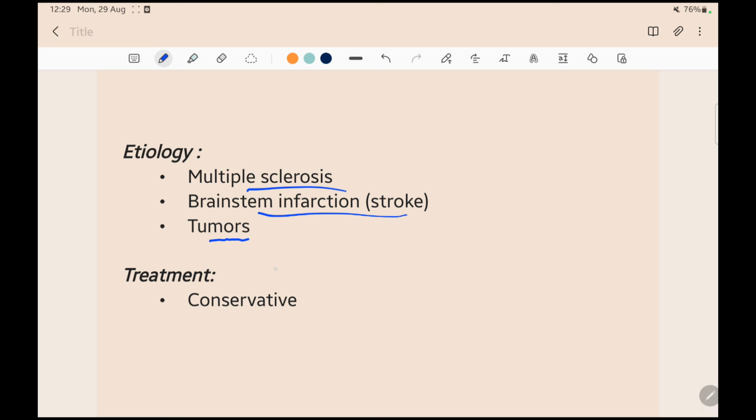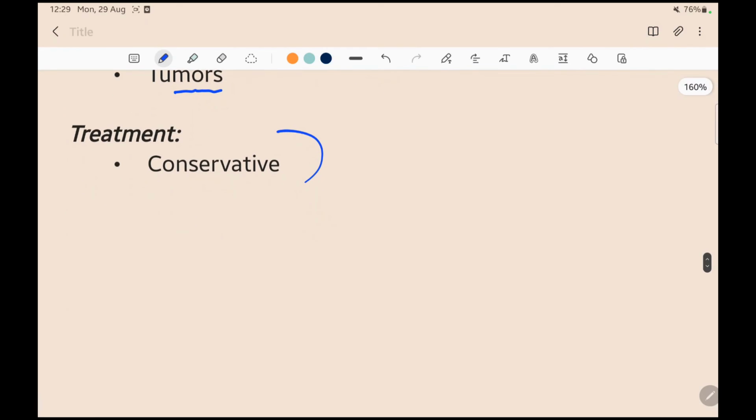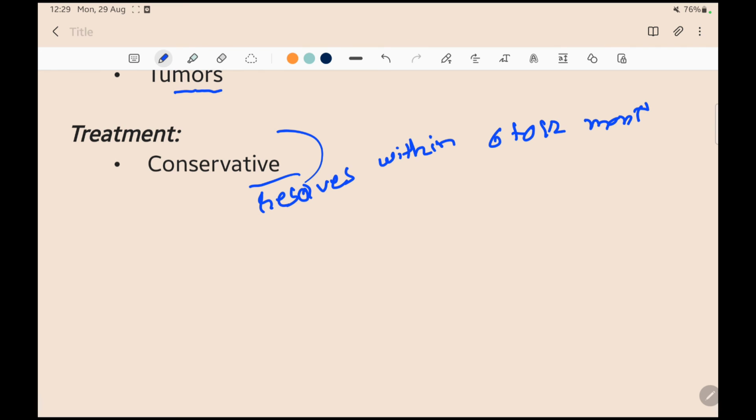So it will lead to internuclear ophthalmoplegia. And what is the treatment option which is available? Generally we do conservative management for internuclear ophthalmoplegia. It will resolve within 6 to 12 months.